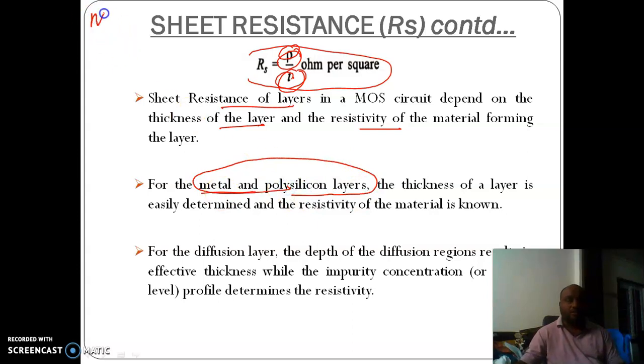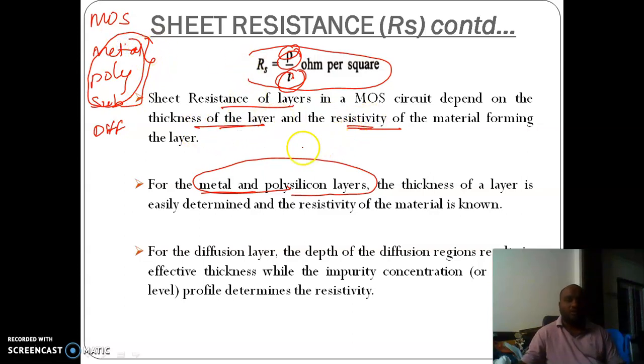In our MOS fabrication, the major layers are metal layer, polysilicon layer, substrate, and diffusion. For the metal, poly or substrate, evaluating the thickness or resistivity is very easy.